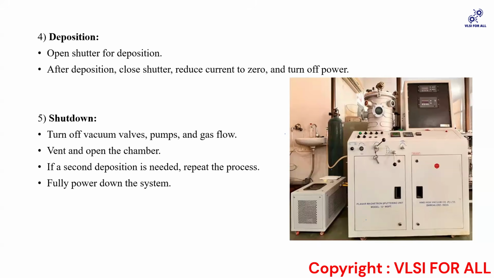So it's thermal evaporation. We are going to thermally evaporate the target material, and then a thin film is deposited. The material is heated in the vacuum, which causes it to evaporate and deposit onto the substrate. Here we are supposed to create a vacuum first, and then we have our target material and the substrate material.